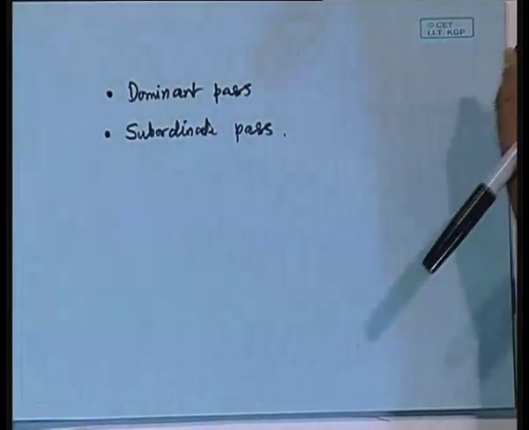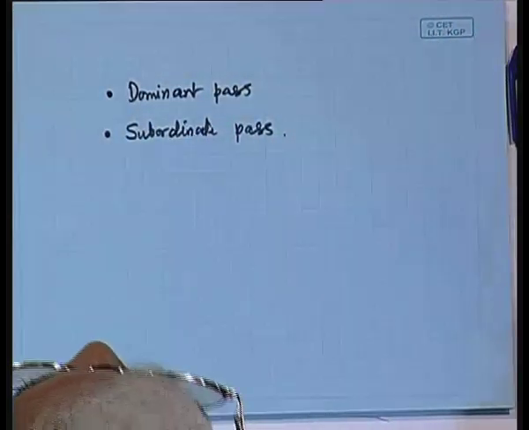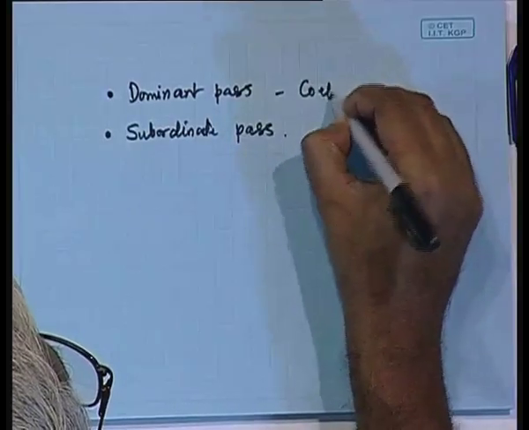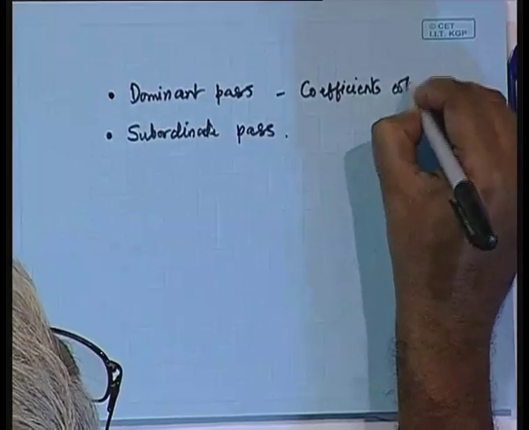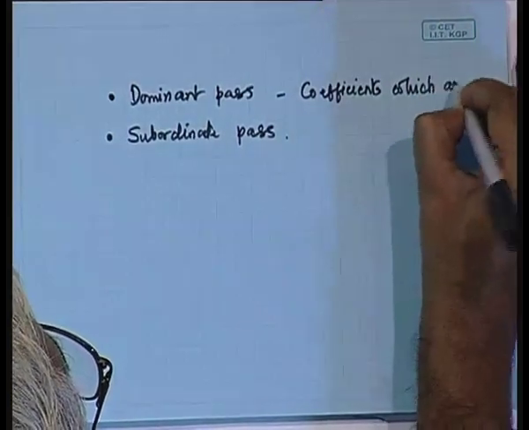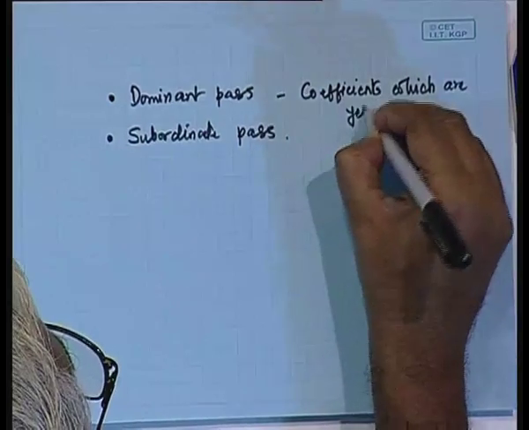By dominant pass we mean the coefficients which are yet to be found to be significant. So the dominant pass encodes the coefficients which are yet to be significant.